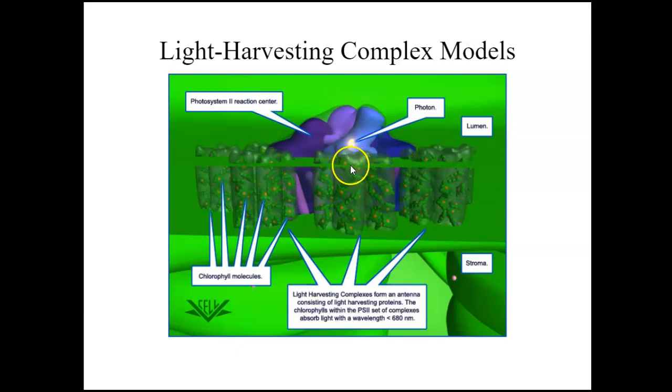This is the cross-section of a thylakoid membrane. So in this particular case, this would be the interior of that thylakoid membrane. This would be the outside of the thylakoid. That's the stroma. And that's out here where the Calvin-Benson cycle would happen in that liquid.